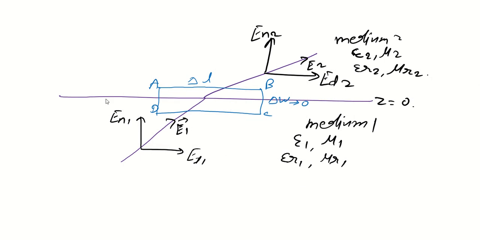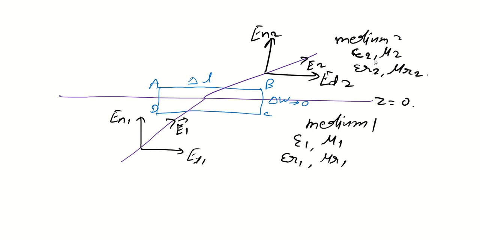Suppose this is the surface z equal to 0 and we have an incident wave E1, which I have separated into a tangential component ET1 and a normal component EN1. Similarly, it propagates in medium 2, where ET2 and EN2 are the components of E2.